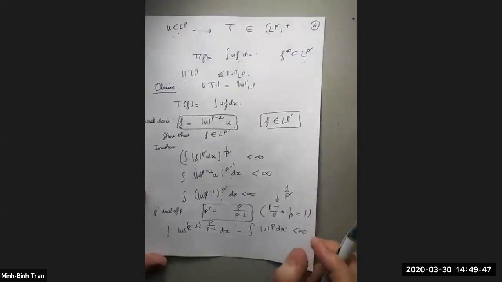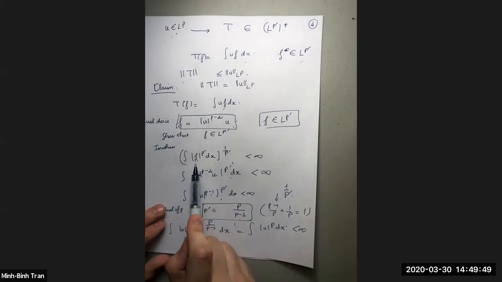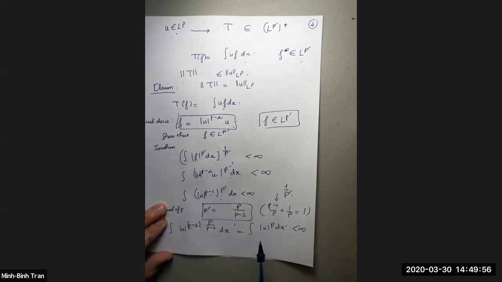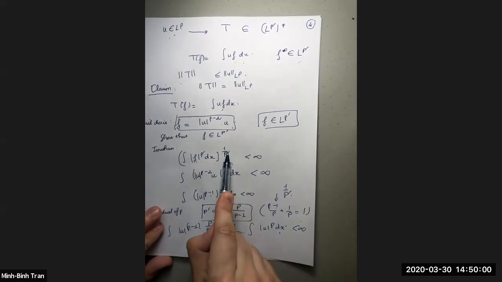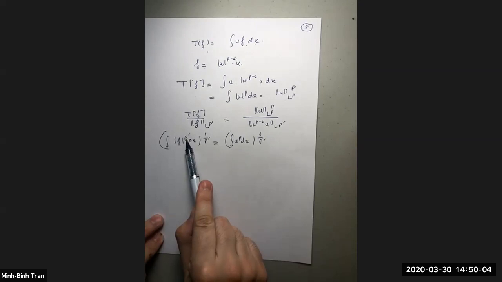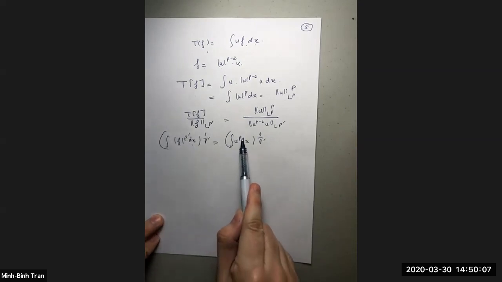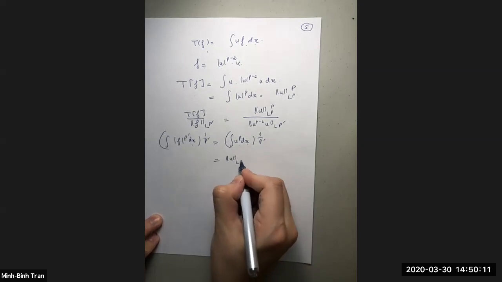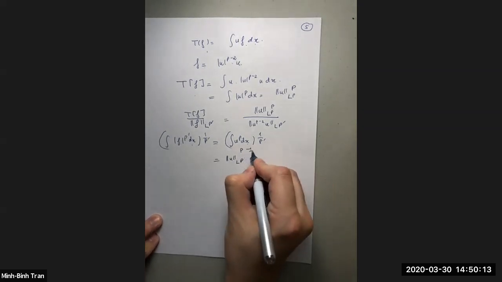So in the previous discussion, we know that if I plug in f of this form and take the 1 over p prime power, I'm going to get the integral of u to the p dx. But then I have to take 1 over p prime outside. All right, so here I have the norm of f in L^p prime, which will be the integral of u to the p dx to the 1 over p prime, which is the norm of u in L^p to the p minus 1, right?